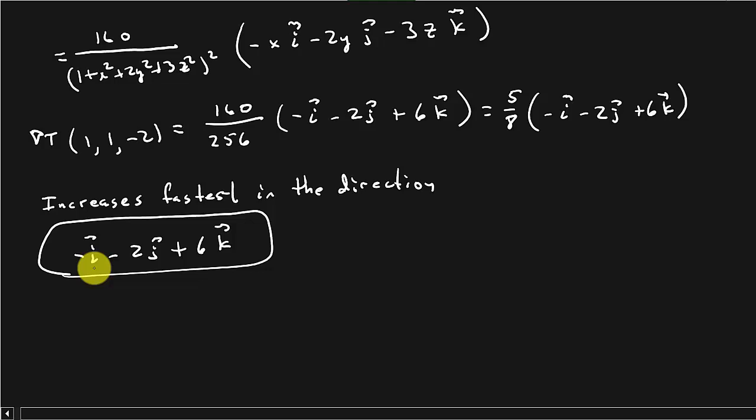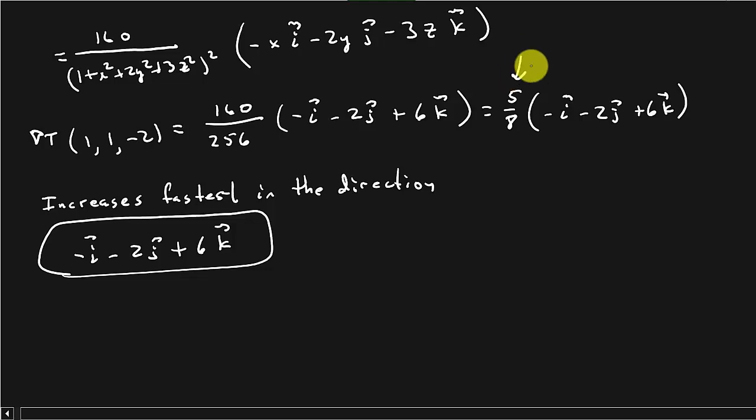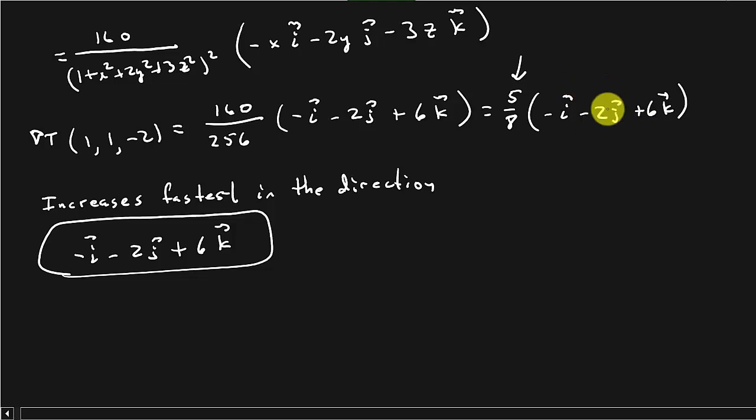I know you're watching this video, and you might be thinking, I'm going to type a comment and say you left off the 5/8. We don't need the 5/8, because what are we looking for? We're looking for the direction in which it increases the fastest. This vector and this vector are going in the same direction.